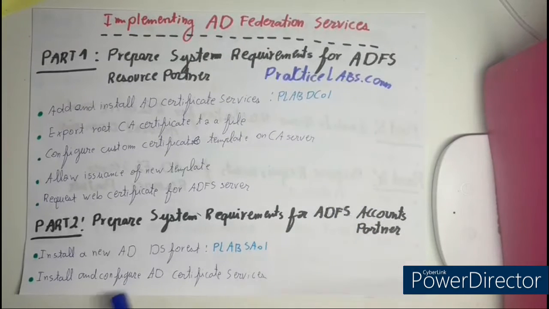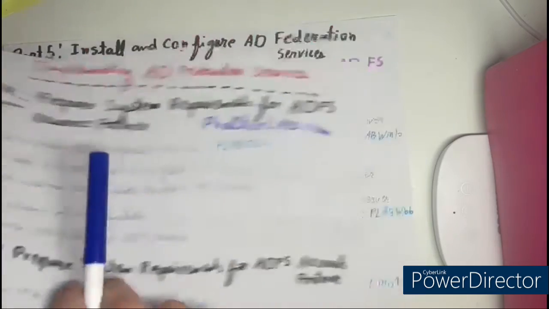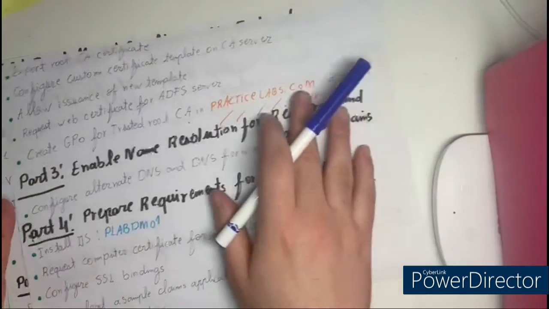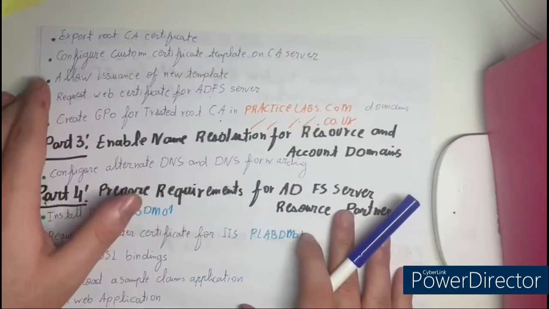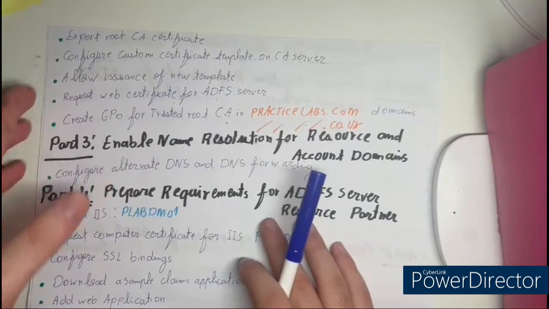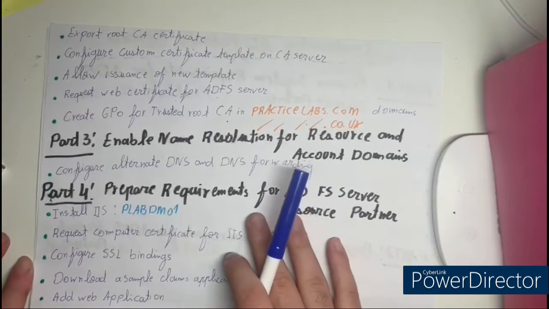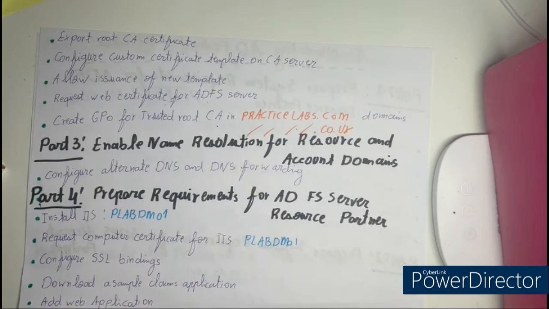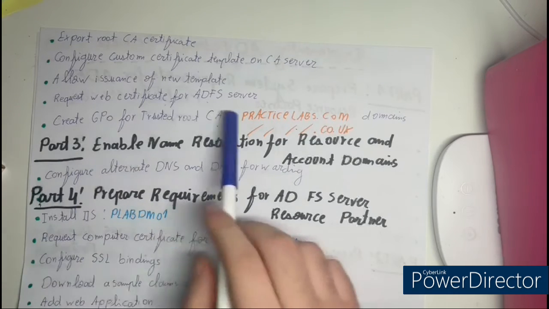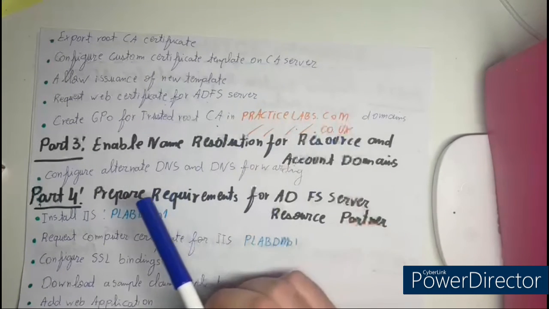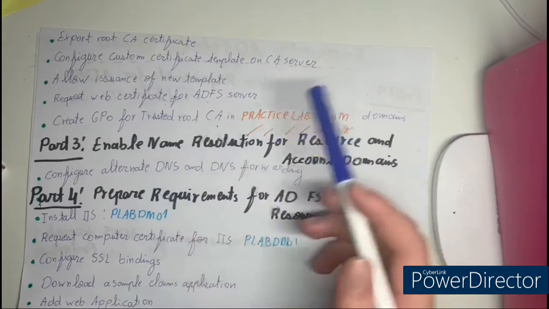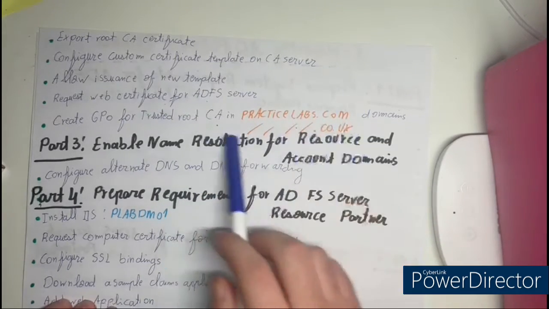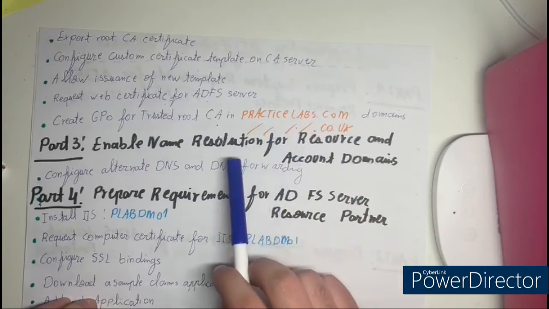We will install the new ADDS forest within this server. Here are all the steps, and by the end of the second part, we'll create a group policy for the trusted root certificate authority within the lab domain, which I mentioned.